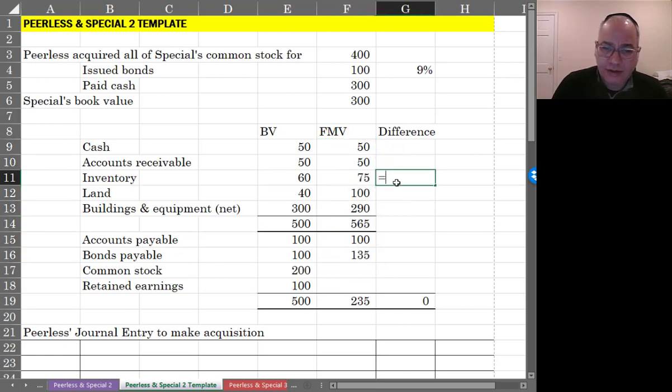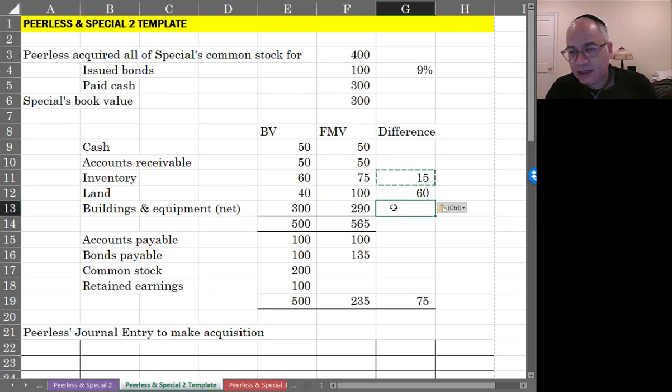So you can see here that inventory needs to be written up by $15,000, land needs to be written up by $60,000, and buildings and equipment needs to be written down by $10,000, and that's net. You're going to see later on there's $300,000 in accumulated depreciation on there. Anyway, accounts payable is the same.